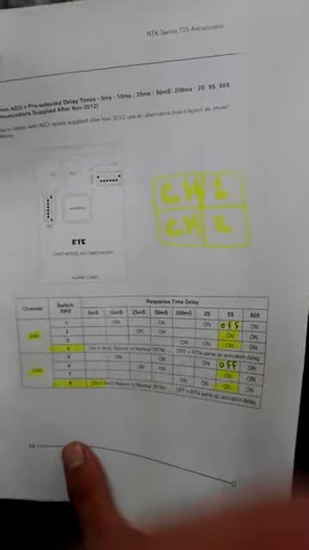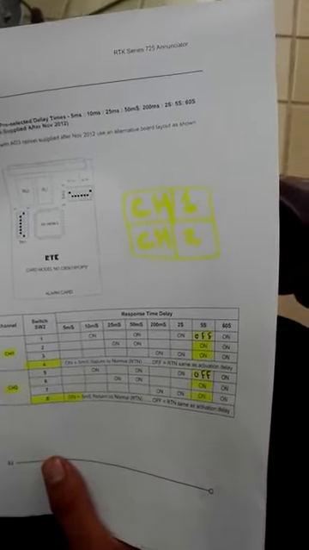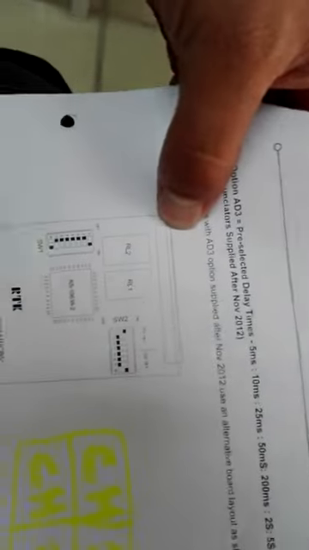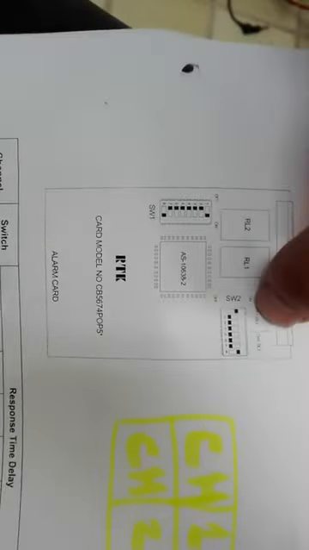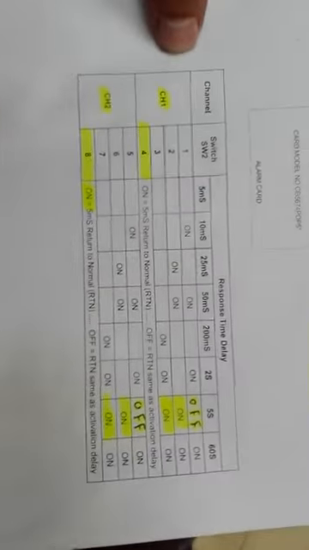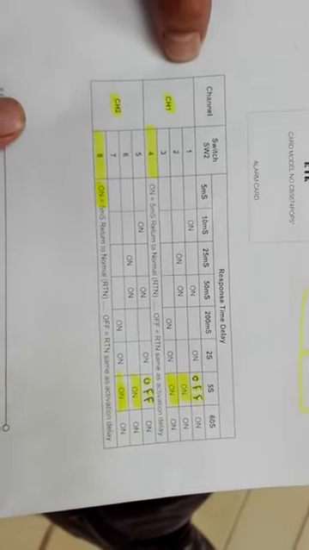Now the next step is the output delay response, time delay. Show it here please. You can see it here, switch 1, switch 2. Now we will go to the table. According to what we need, we will make changes in our corresponding switch.